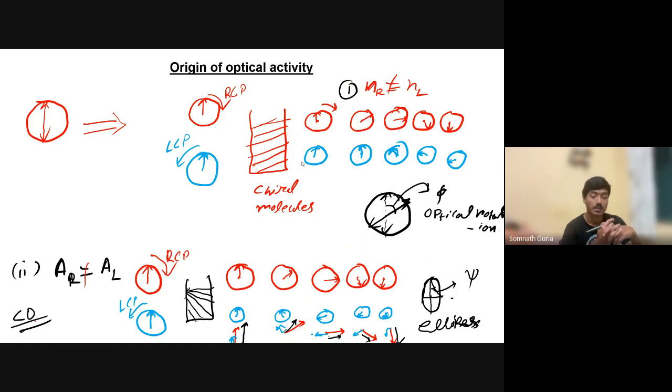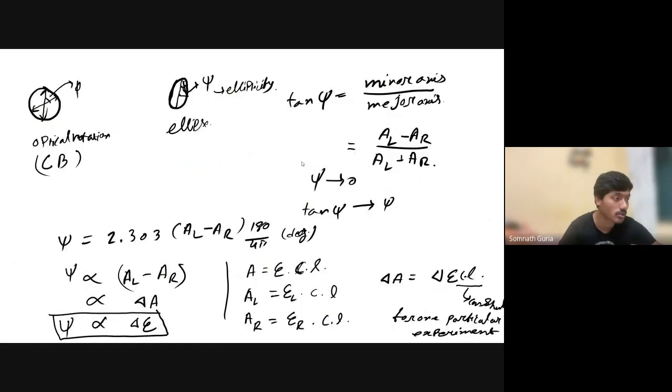As a result we get circular birefringence. Then we talked about what intrinsic property is present in the molecules which is responsible for the CD optical activity and CD spectra.